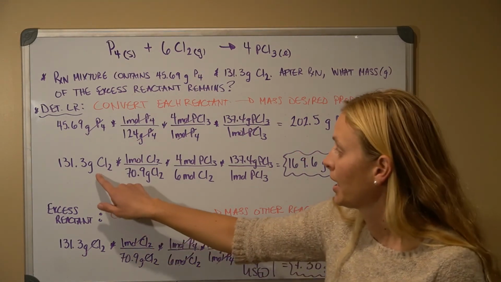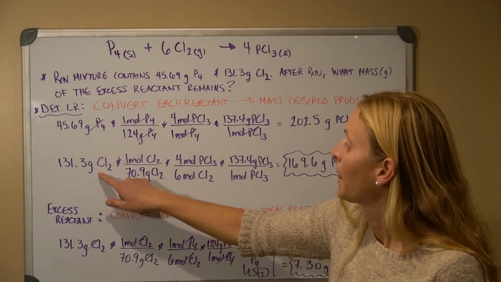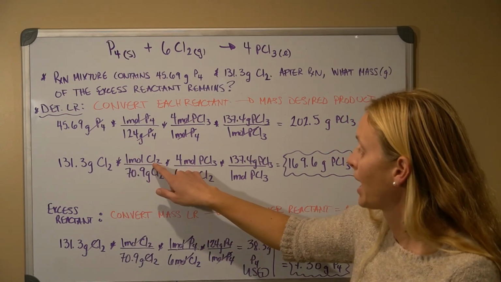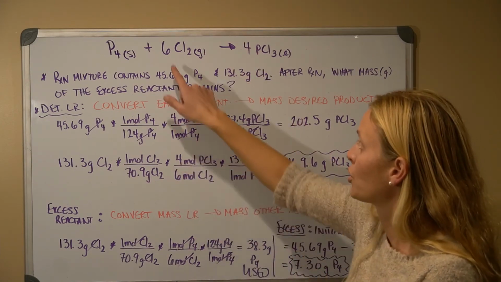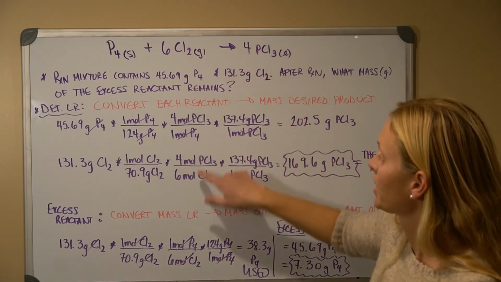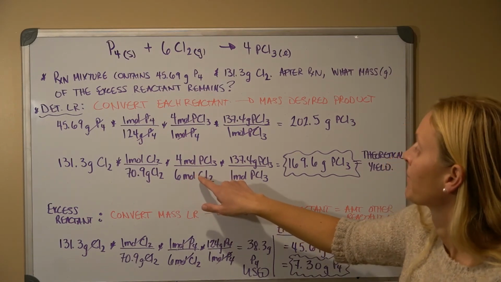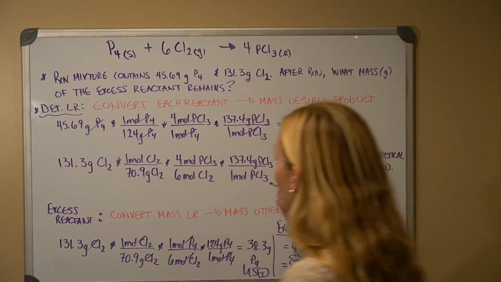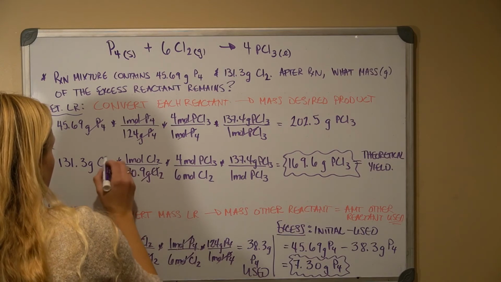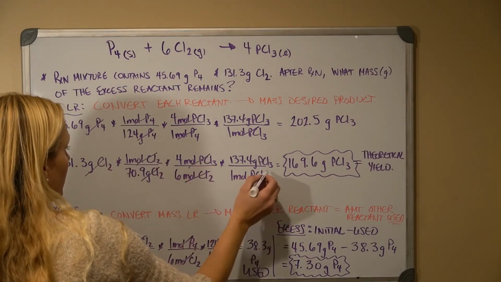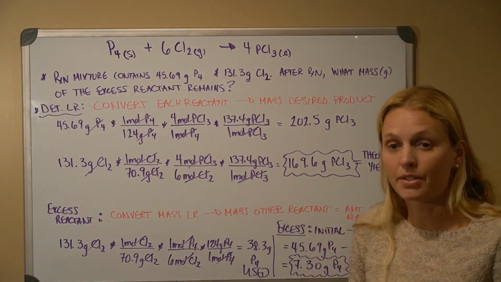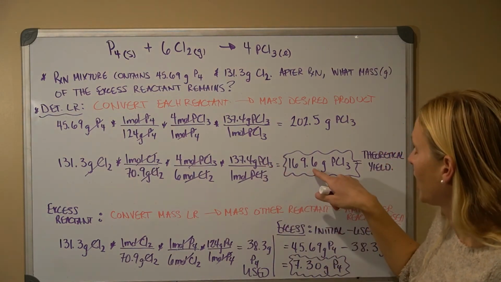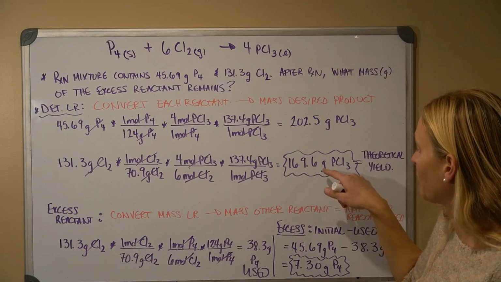And the same thing, I have the mass of Cl2, I want to go to moles of Cl2 reactant, and then to the desired product, so I need my mole ratio between 6 moles of this and 4 moles of this. Here's my stoichiometric mole ratio. And I forgot to cross out my units here along the way. And then back to my mass of desired product, PCl3, and I get 169.6 here.